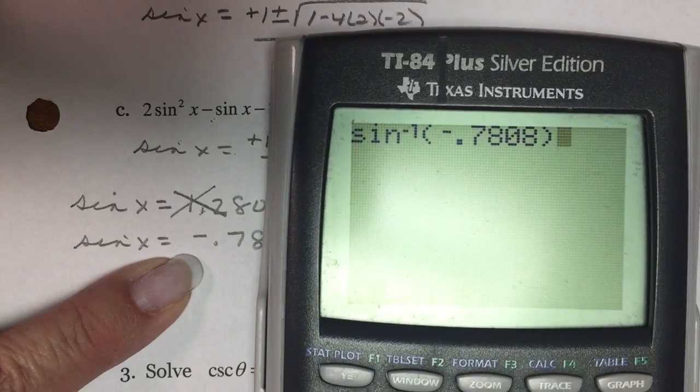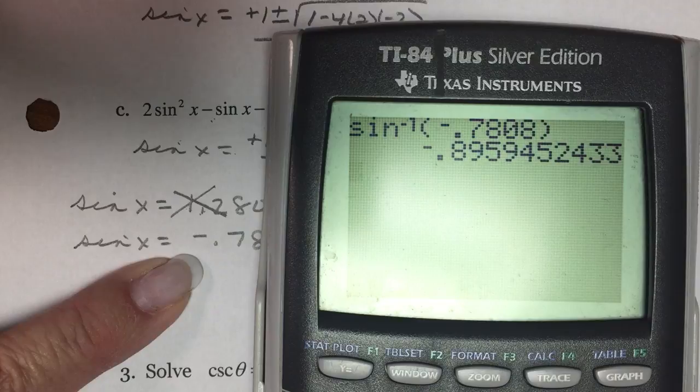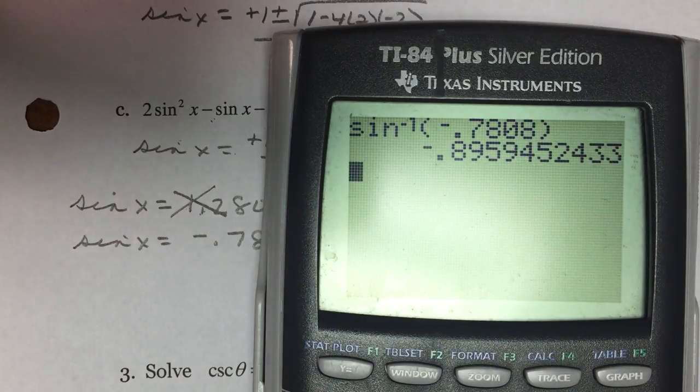And I want you to look to see what happens. Now, because the sign is negative, your calculator only gives you that restricted domain one. So since the sign of the angle is negative, it's in the fourth quadrant. The problem is that is not between 0 and 2 pi.